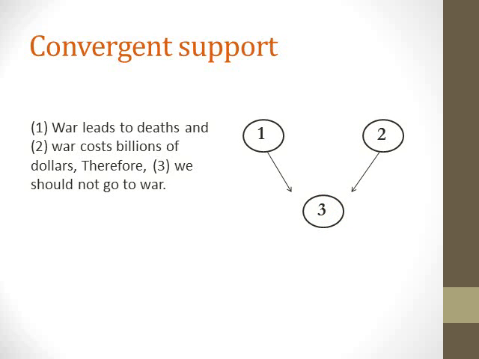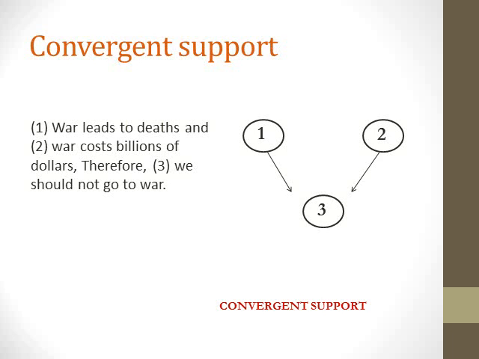But once again, you'll notice that each premise by itself, independently, supports 3, the conclusion. Right? War leads to death by itself supports the conclusion, and 2, war costs billions of dollars by itself, even if we were to eliminate 1, supports the conclusion. So once again, we have convergent support.